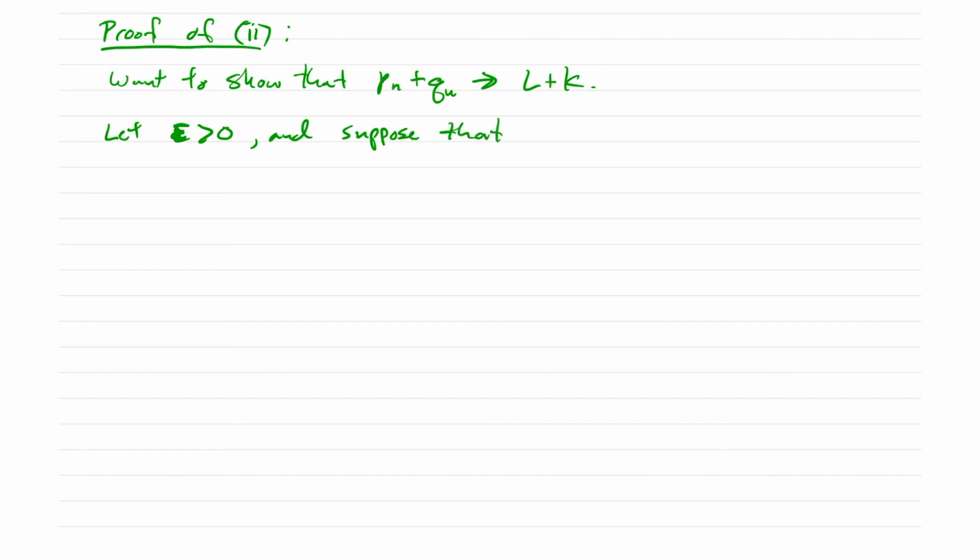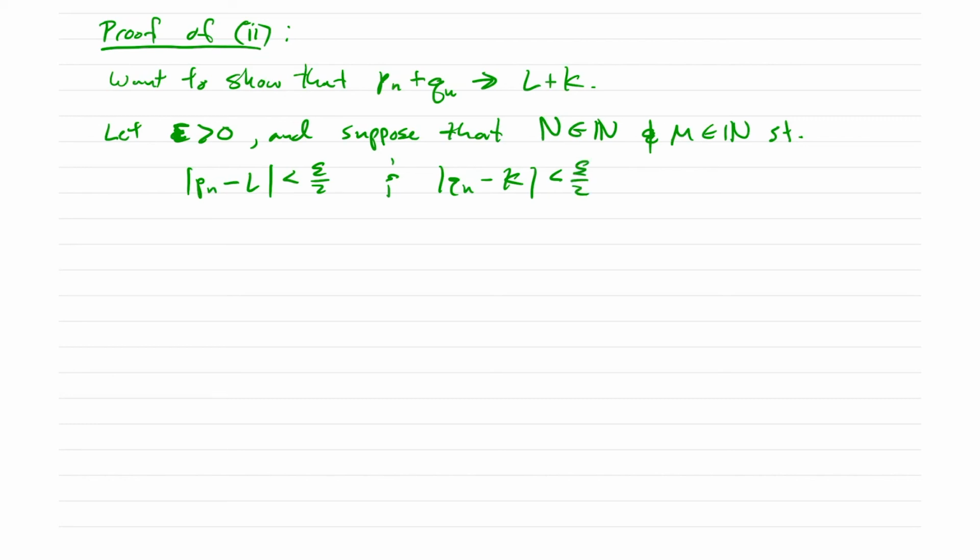and we're going to suppose that n is in the natural numbers and m is in the natural numbers, such that |Pn minus L| is less than, say, epsilon over 2, and |Qn minus K| is less than epsilon over 2.